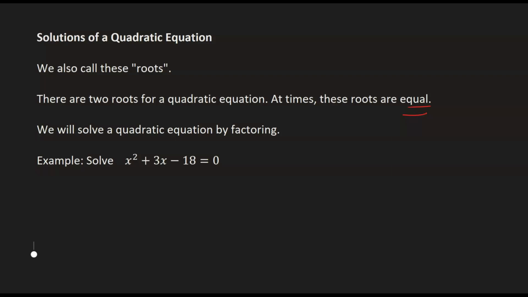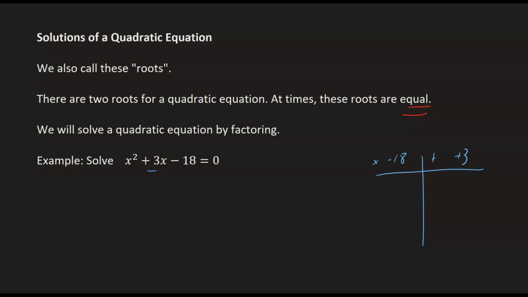So if we think back to factoring, we are looking for two numbers over here whose product is negative 18 and whose sum is plus 3. Okay, so think about the numbers 18 and minus 1, minus 18 and 1, 9 and negative 2, or negative 9 and positive 2, 6 and negative 3, or negative 6 and 3.